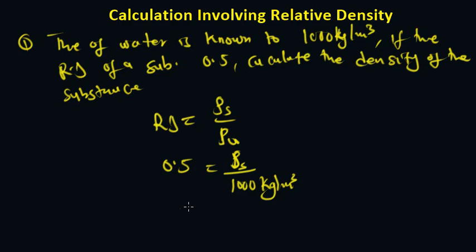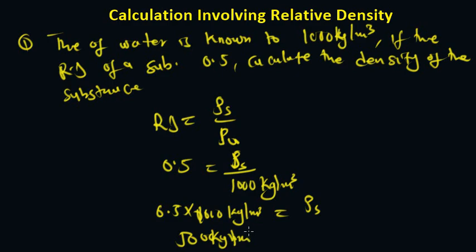So we'll have 0.5 times 1000 kilogram per meter cube equal to the density of the substance, and this will give us 500 kilogram per meter cube, which is the density of the substance.